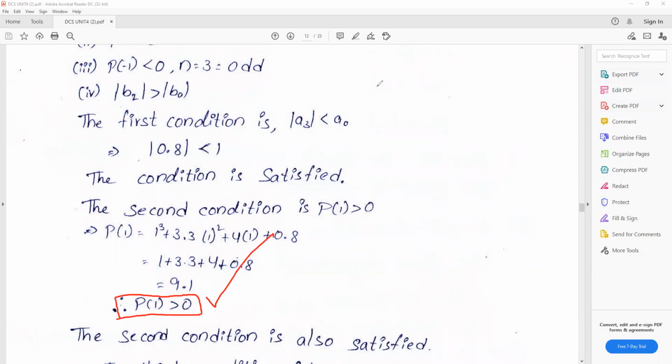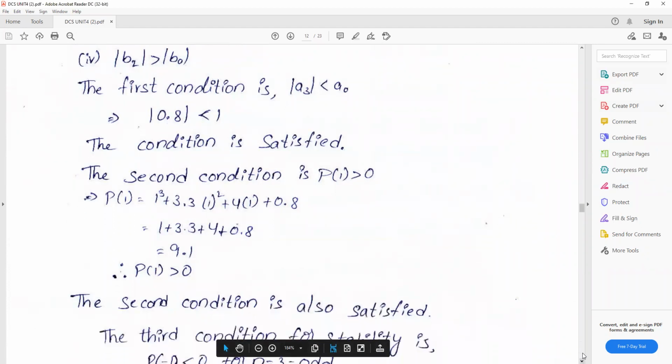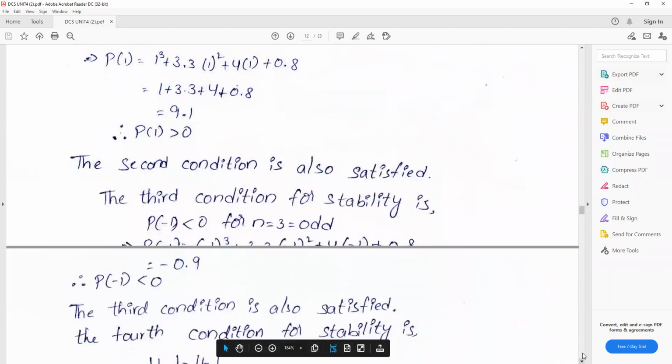Next, go to the third condition. P of minus 1 is less than 0, as N is an odd number. So in P of z, z is replaced by minus 1 whole cube plus 3.3 into minus 1 whole square plus 4 into minus 1 plus 0.8.